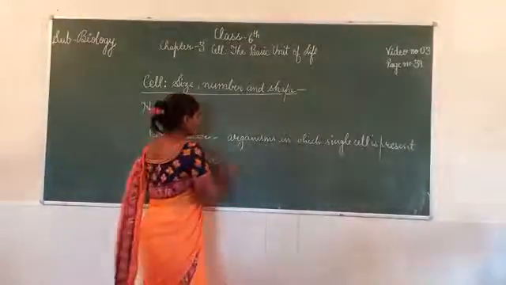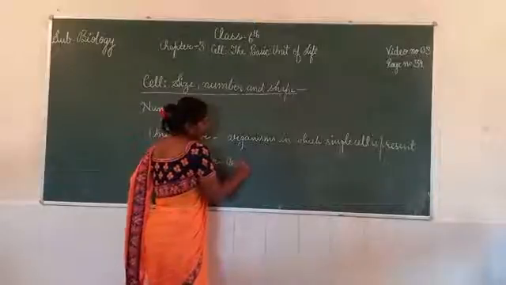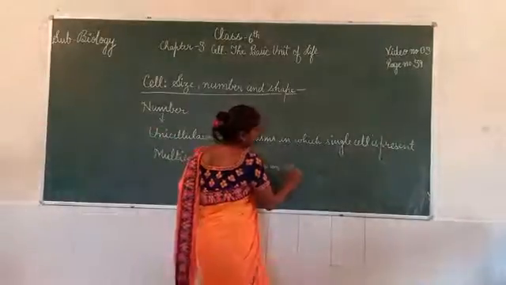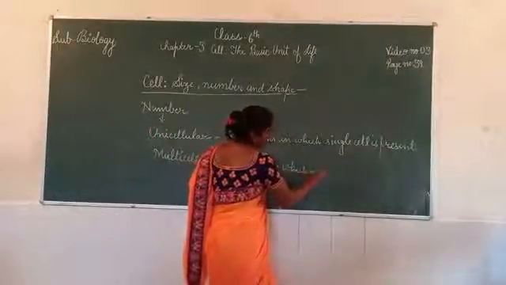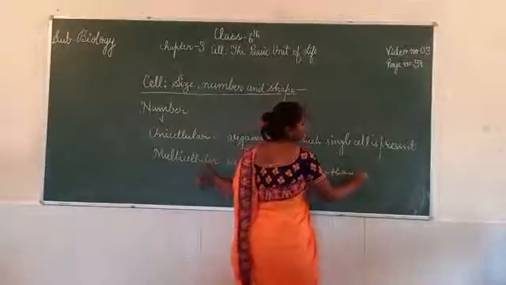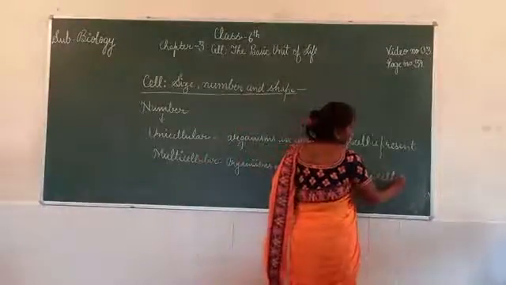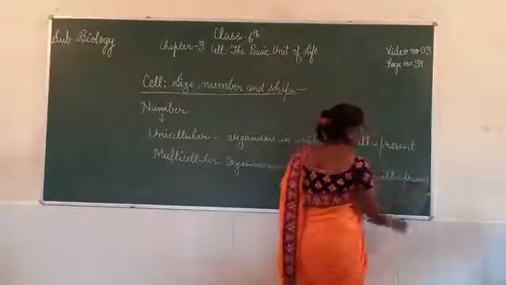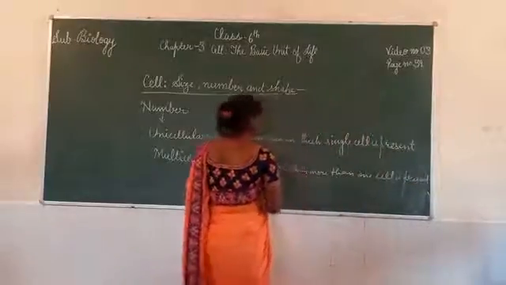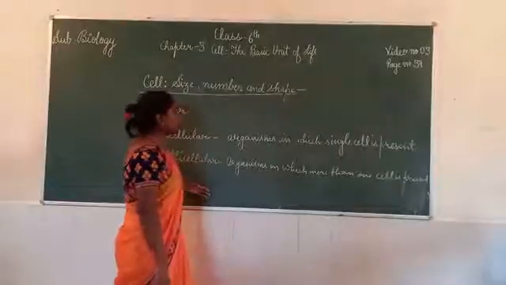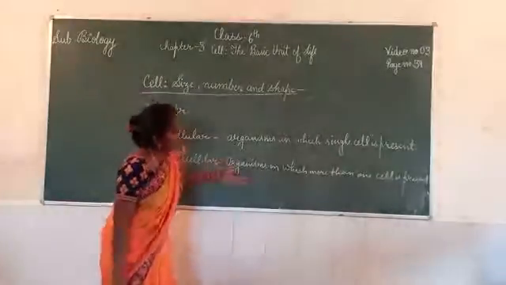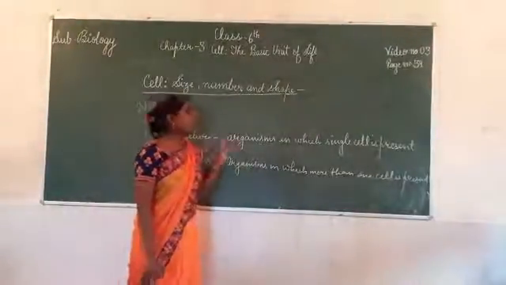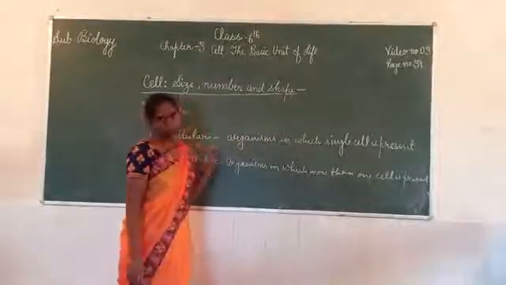And organisms in which more than one cell is present are called multicellular organisms, and organisms in which single cell is present are called unicellular organisms.